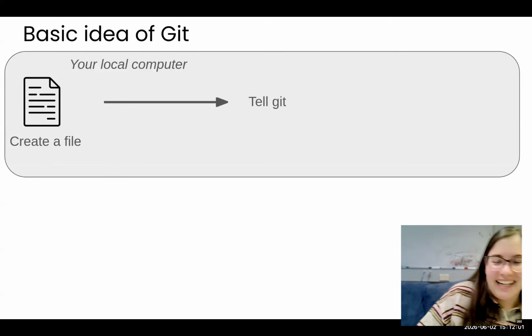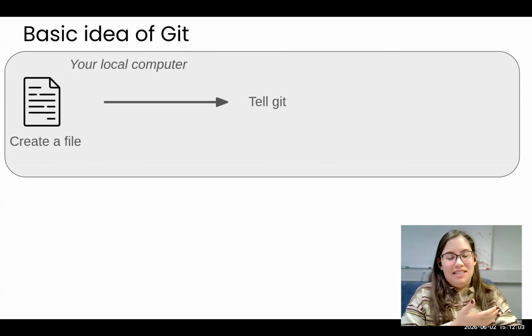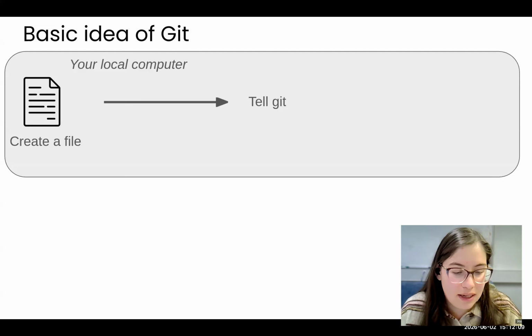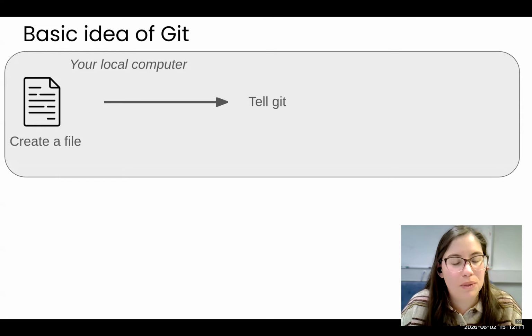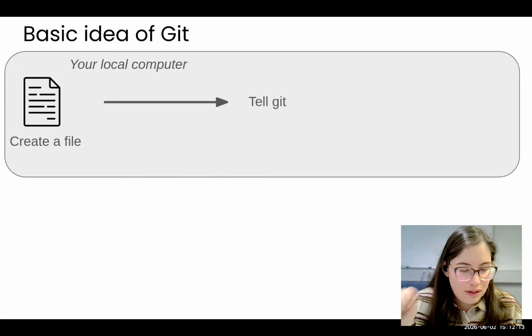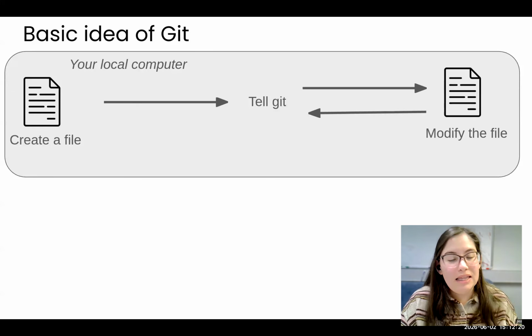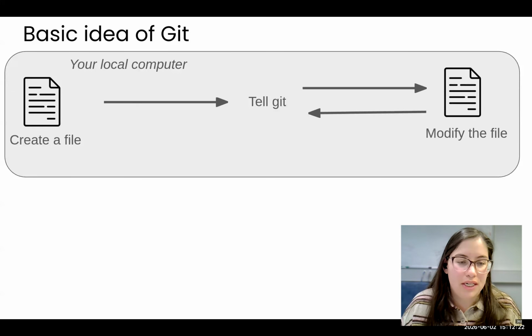The basic idea of Git is that you have a file in your computer. You tell Git that that file exists and you want to include it in your repository, in your project, and then you cycle over it.